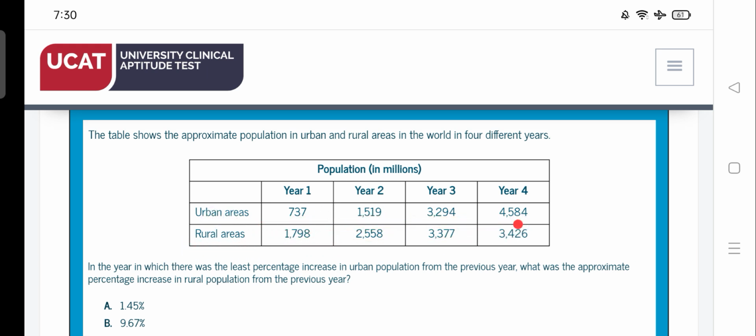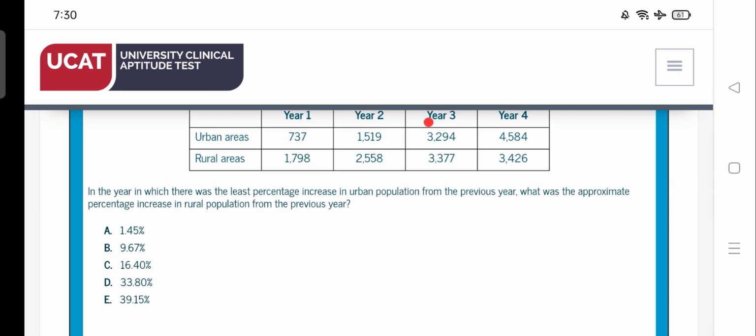The question is: in the year in which there was the least percentage increase in urban population from the previous year, what was the approximate percentage increase in rural population from the previous year?